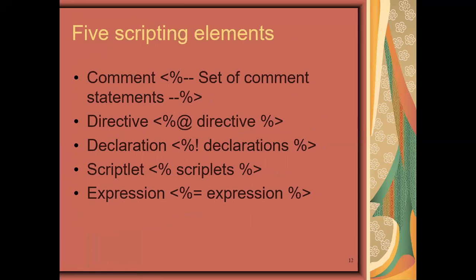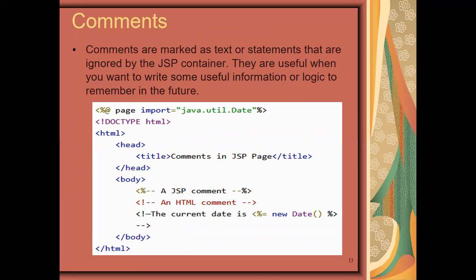Again, there are majorly 5 elements. You may be able to find others, but we'll talk about these major 5. The comment element, the directive, the declaration, the scriptlet, and the expression. When we talk about the comments, we are trying to include information in our code, which possibly is for you, the developer, or whoever is going to read your code to understand what this is about, and maybe later understand what it was about.